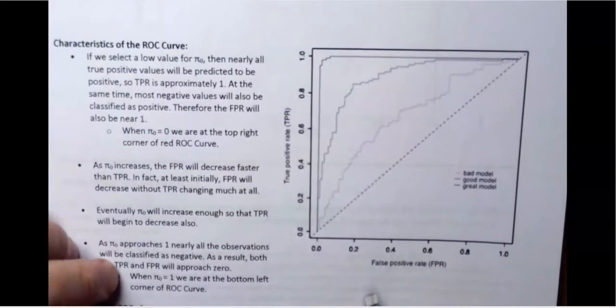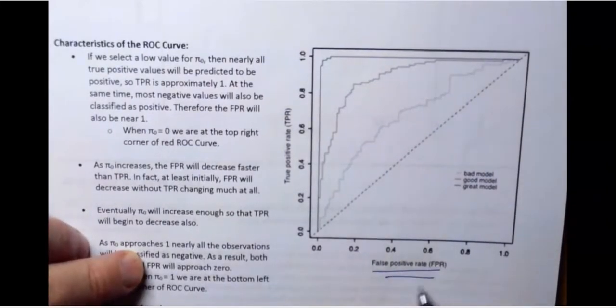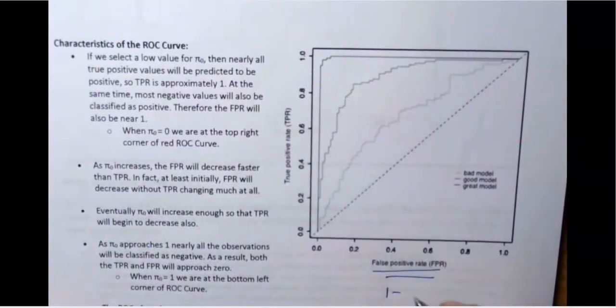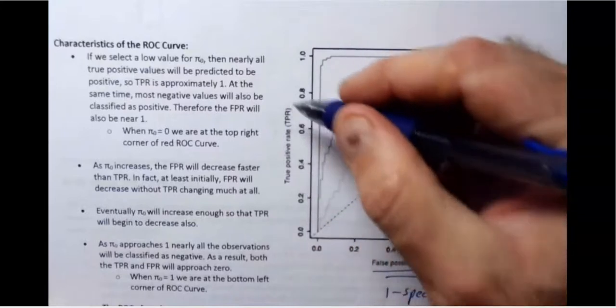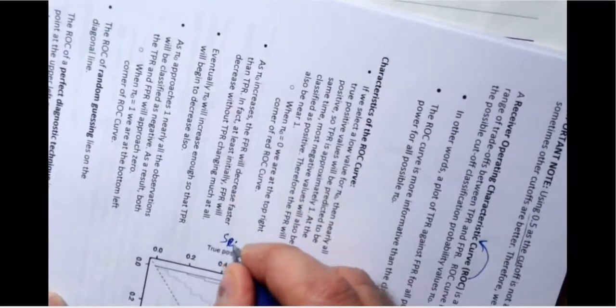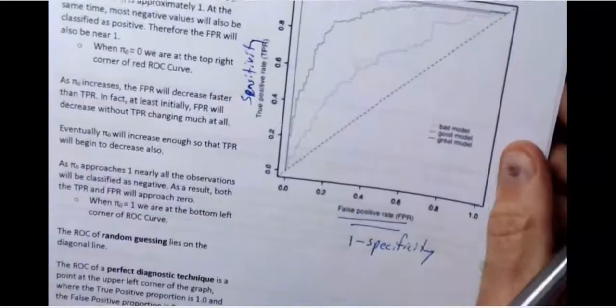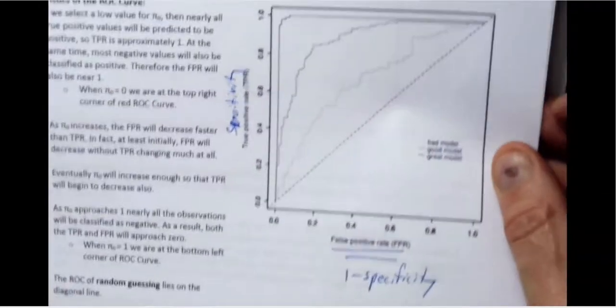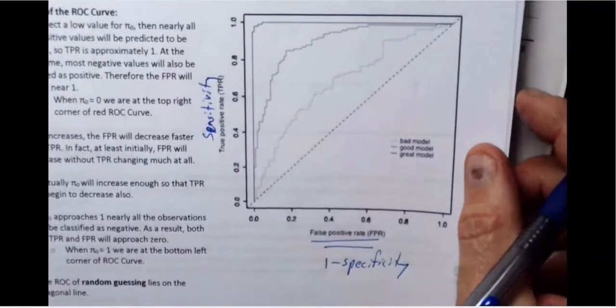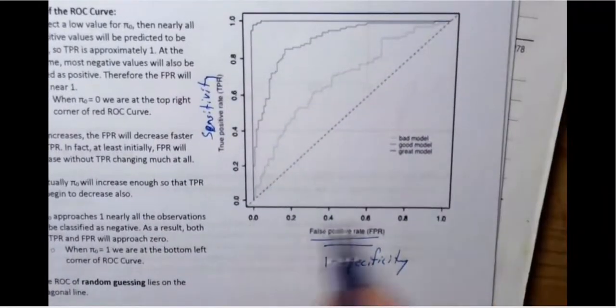Note that on the x-axis we have the false positive rate, which again is 1 minus specificity. And on the y-axis we have the true positive rate, which is also called the sensitivity. And since these are both probabilities, the values of both the x-axis and the y-axis go between 0 and 1.